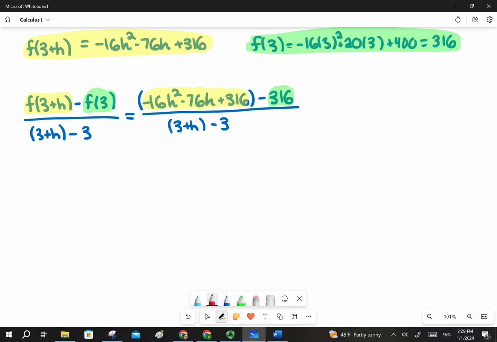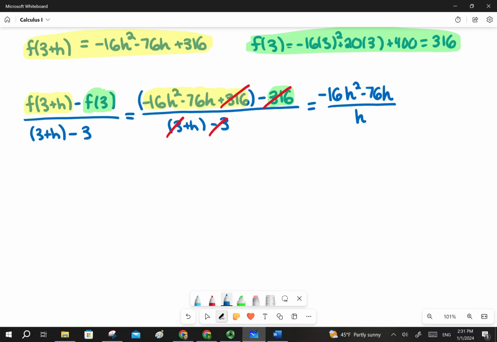Notice that when we simplify, the 316s cancel in the numerator and the 3s cancel in the denominator, leaving just negative 16h squared minus 76h over h.